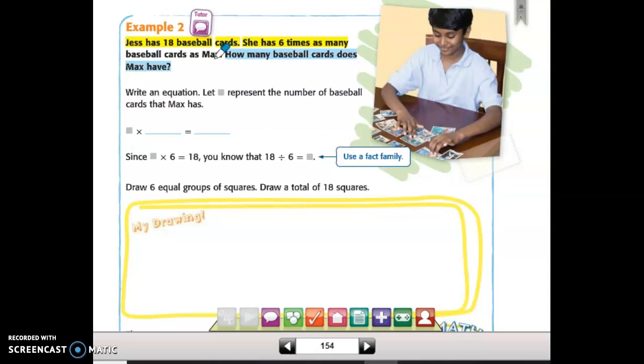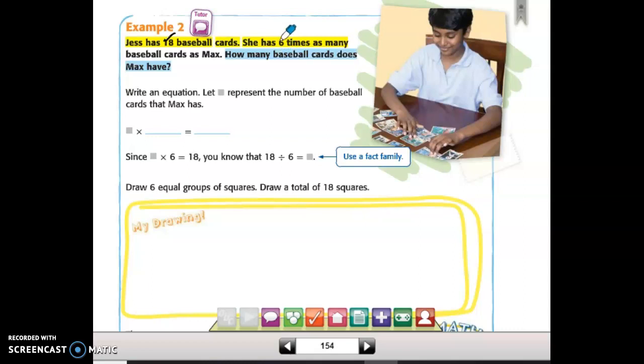Now, in the other one, the variable was the product. In this case, we know how many the total is. 18 is 6 times as many. So the missing information is one of the factors. Write an equation, let the gray box represent the number of baseball cards that Max has. So this is for how many cards Max has. That's the question that we need to solve.